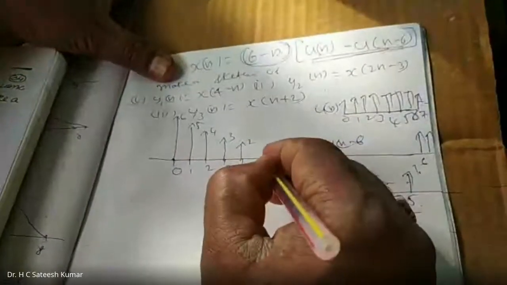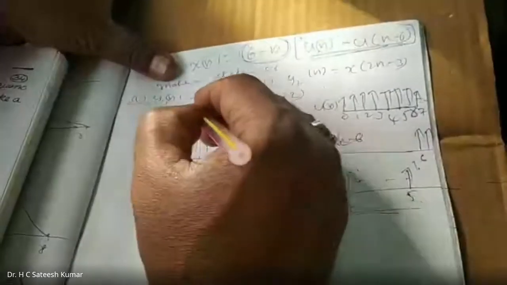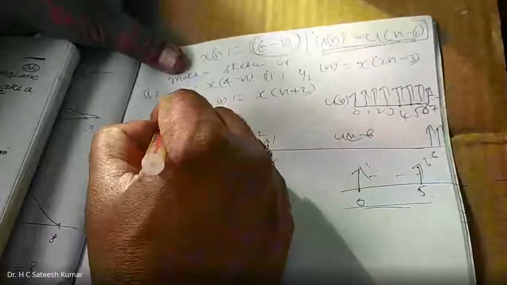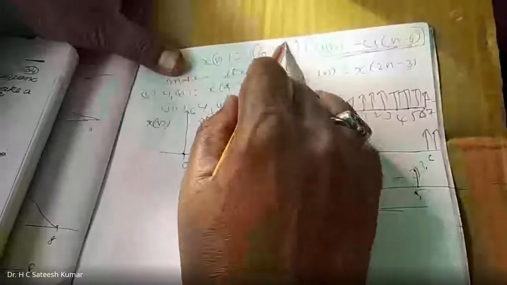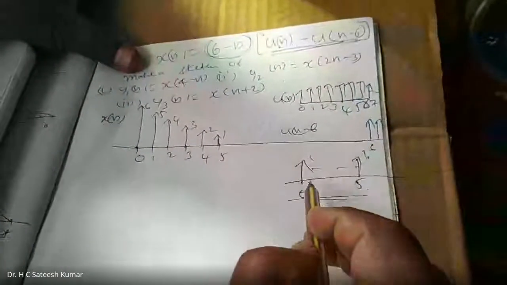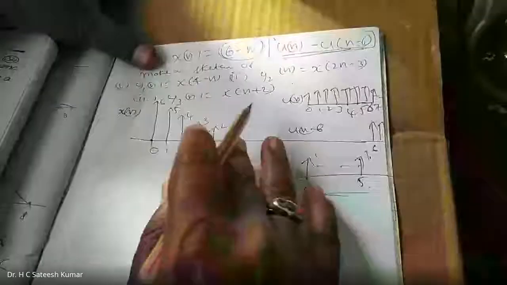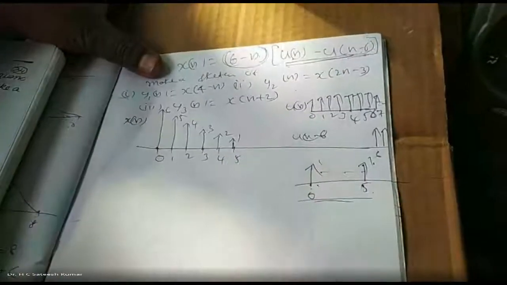At 5, its value is 1. So this is your x of n. Have you got it? Because this function is multiplied by this quantity over 0 to 5, but its value is 1 only, and 1 into anything is that thing only. Therefore, this is the signal. This is the range. Beyond that, this value becomes 0, and 0 into anything is 0. So only between 0 to 5 the signal will exist. This is your x of n.